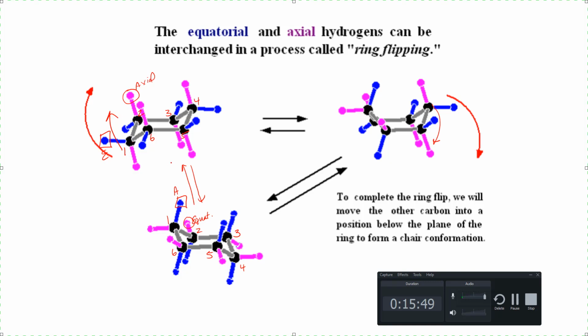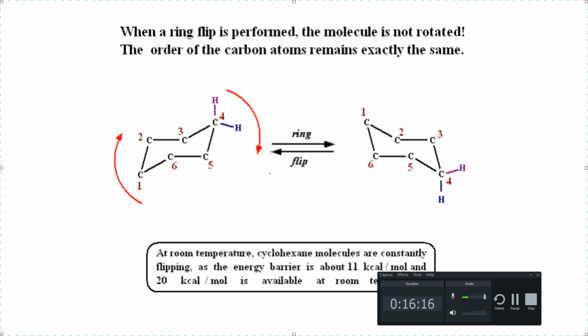So a ring flip causes the axial and equatorial positions to interchange in the cyclohexane ring, but it does not cause above the plane of the ring positions to change. They are still above the plane of the ring. Okay? So that's what a ring flip is called and how it works.